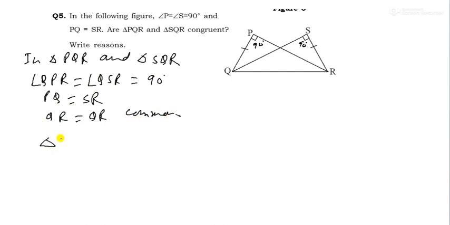So triangle PQR is congruent to triangle SQR. Why? By RHS. So this congruency rule is followed here.